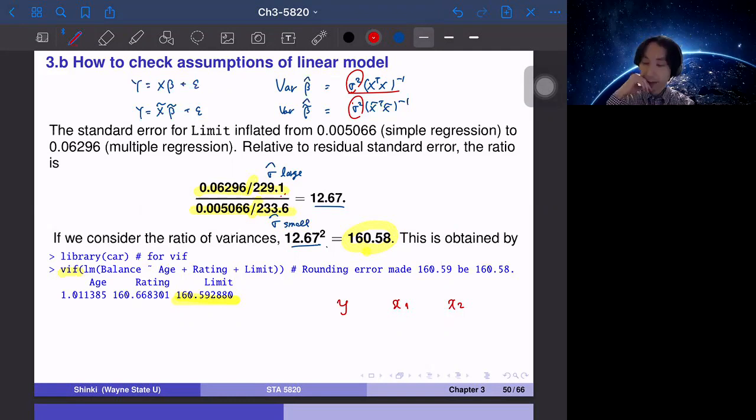I think the difference is when we have more predictors, x3 and x4 and so on. Sometimes x3 and x4 may change the variance inflation of some specific variables.